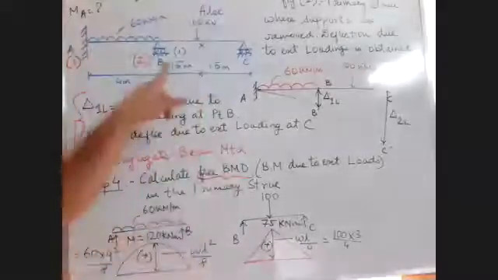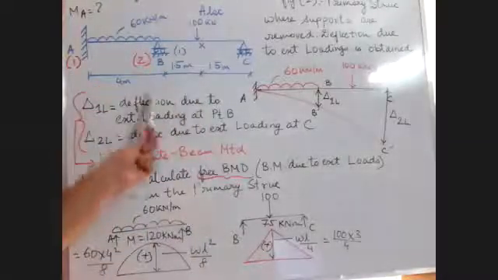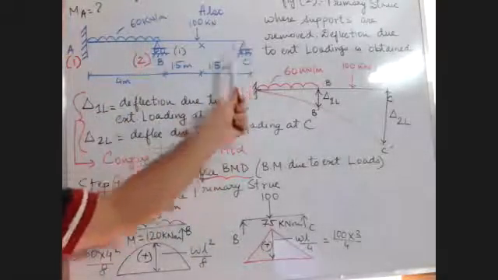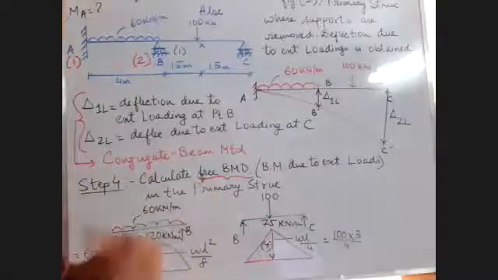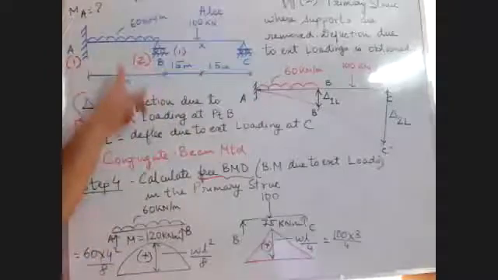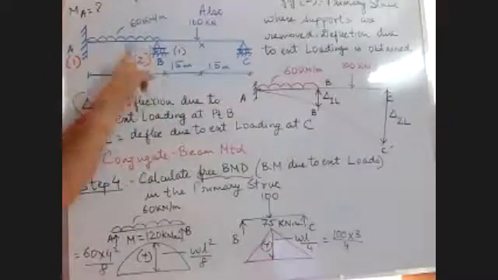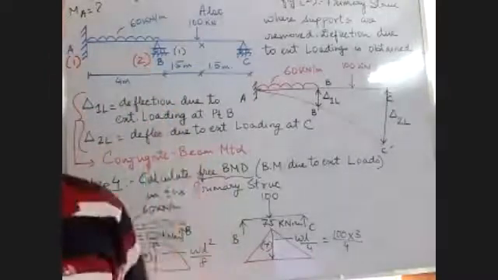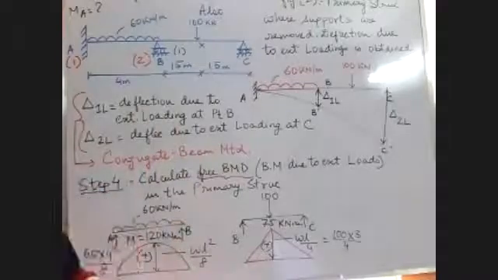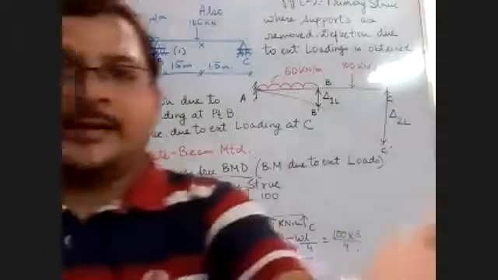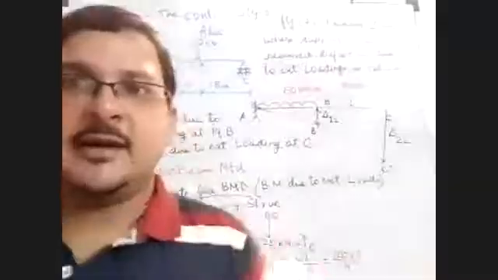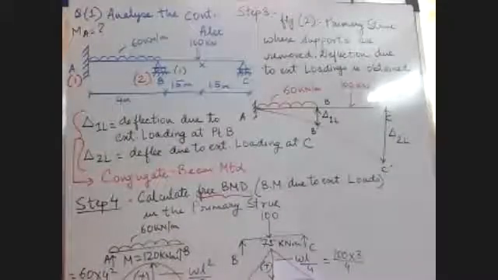When my unknowns are bending moments, that is MA, MB, then I will take the conjugate beam method, not moment area. That is why we are using the conjugate beam method.